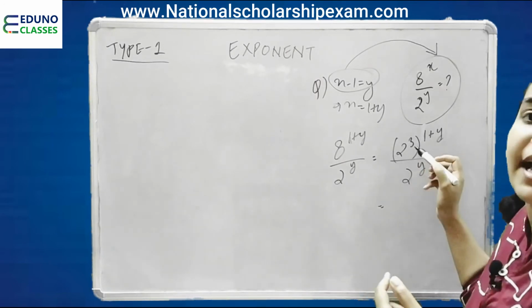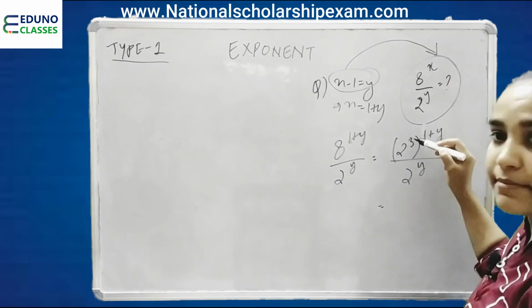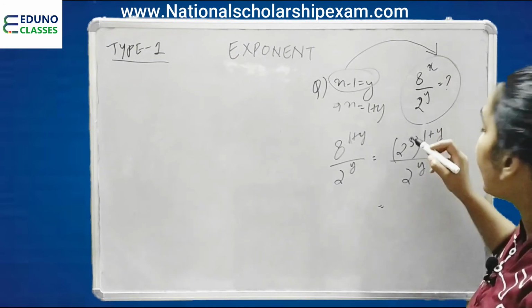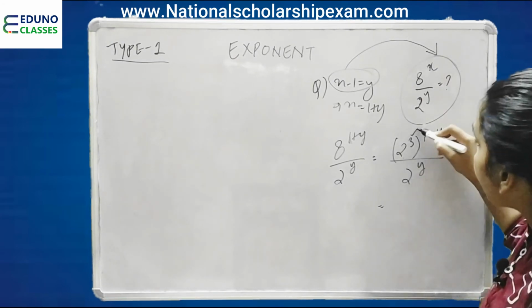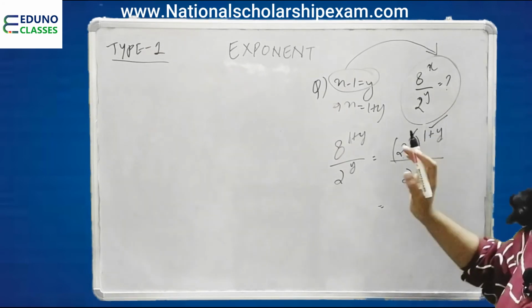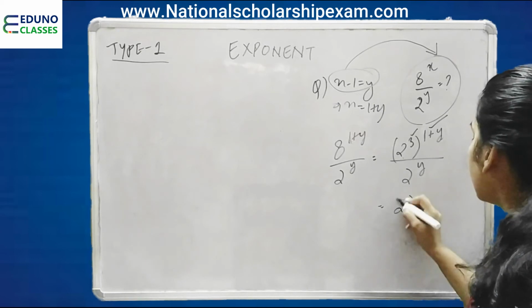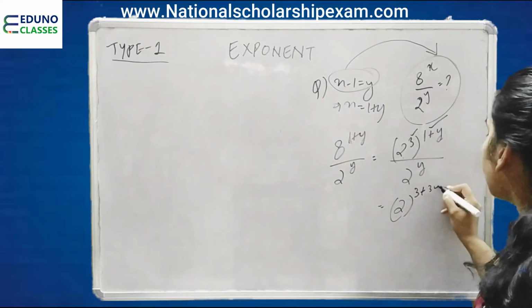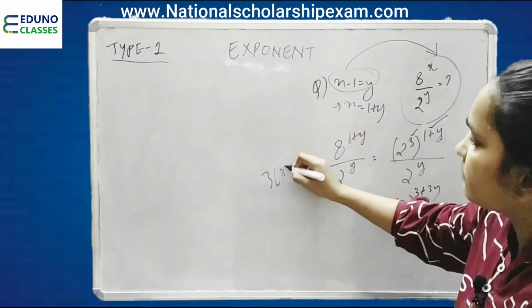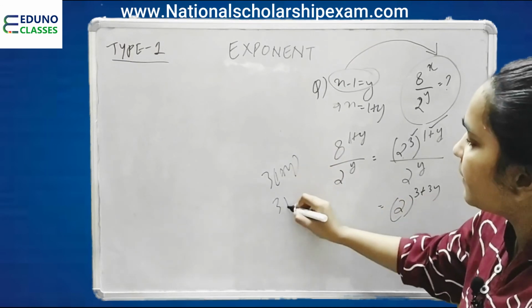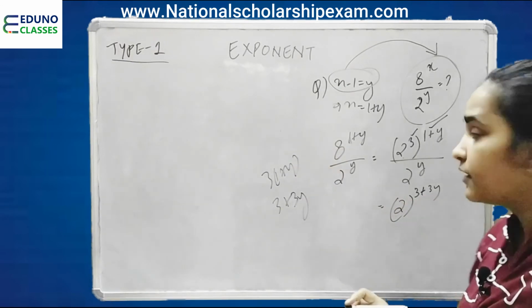Now this is something like (a to the power m) whole power n. So can we write it as 2 to the power 3 plus 3y? We'll just multiply it. 3 into 1 plus y is 3 plus 3y, right?